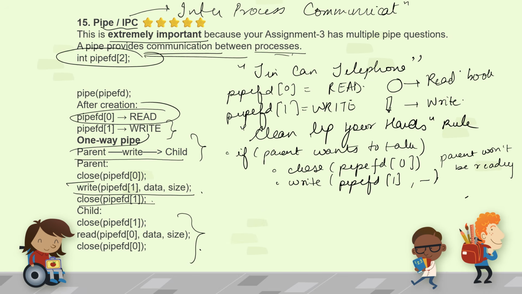Similarly, when the parent is done talking, the parent hangs up. So we'll use close: close pipe FD of 1.